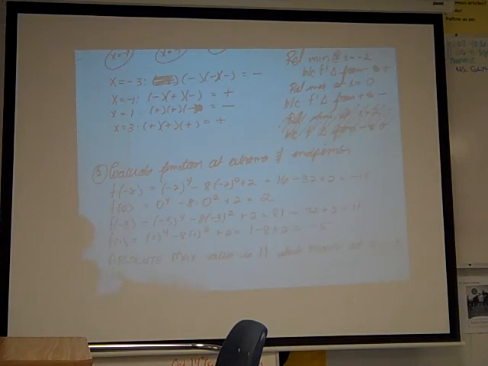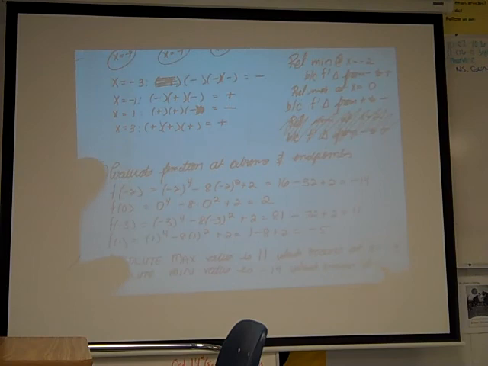If I want an absolute minimum value, look at the four, which one is the lowest? Absolute minimum value is -14, which occurs at x equals -2.